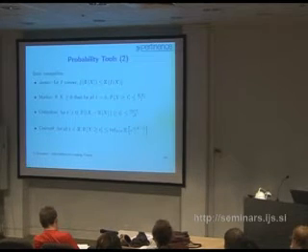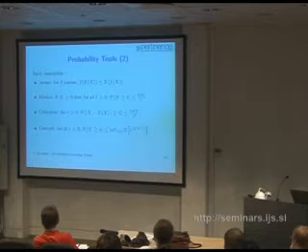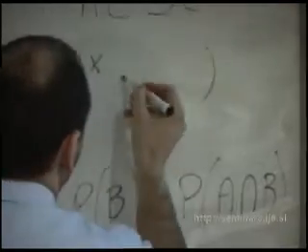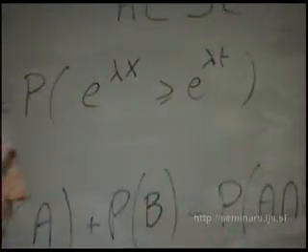Because the exponential is a bijective function, this is true for any variable x. So the probability that x is larger than t is the same as the probability that the exponential of lambda x is larger than the exponential of lambda t. And you apply Markov again, and that's what you get.